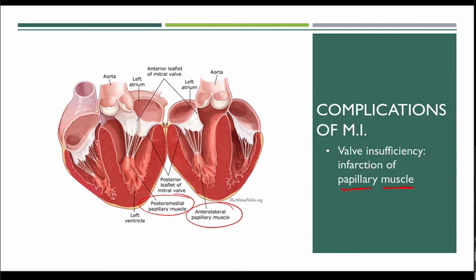So if the muscle is infarcted, and this is the muscle that's damaged, well, you'll no longer be able to do that. So after an MI, some patients end up having regurgitation of their valve, or blood that leaks backward. So a really common occurrence is to have mitral regurgitation. Blood leaks kind of back into the left atria during systole.